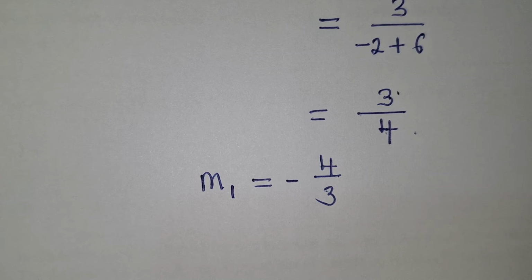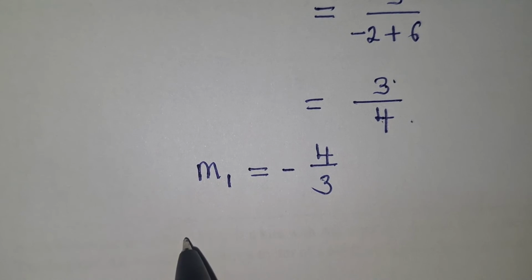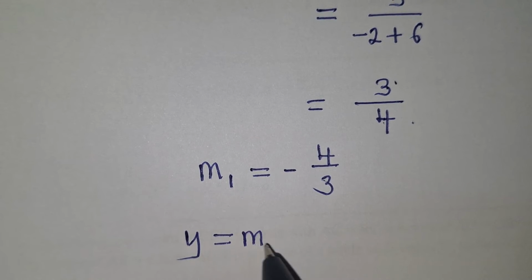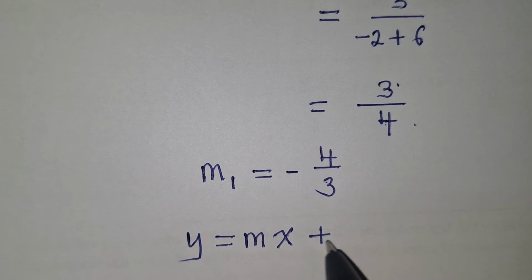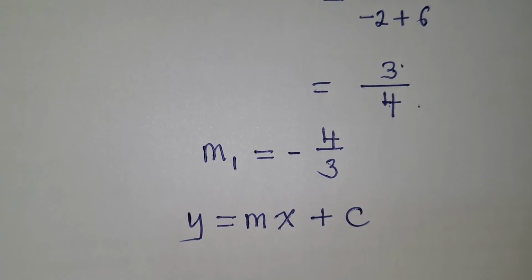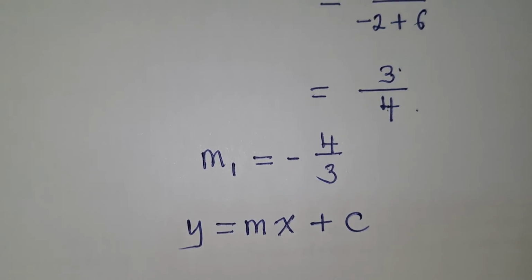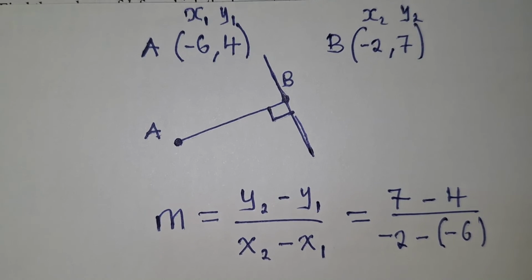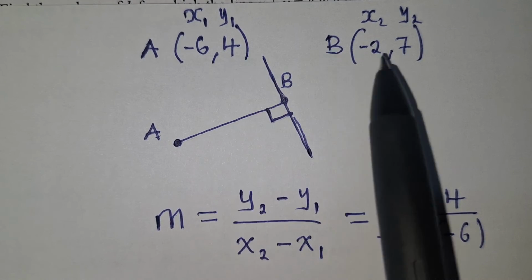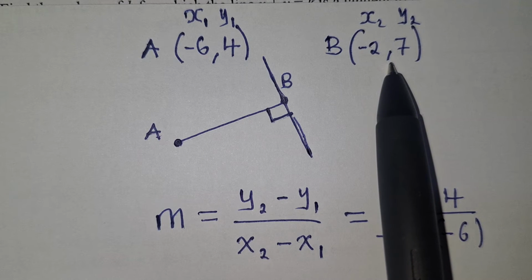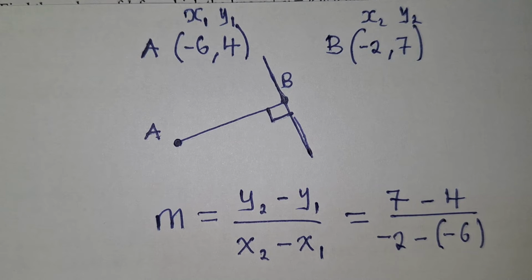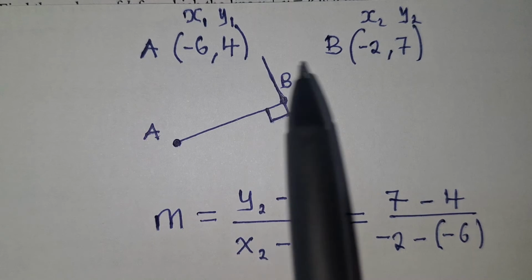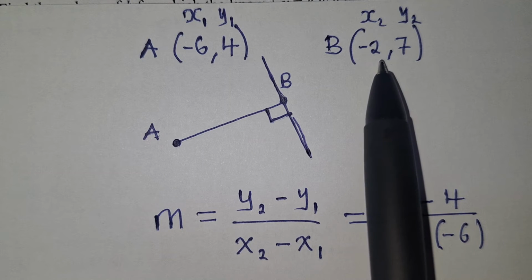Okay. So now we can use the formula for finding the equation of a straight line. So this is the formula we're going to use. We shall solve for c. Now to solve for c, we'll get one of the points, either this or this. Not really.